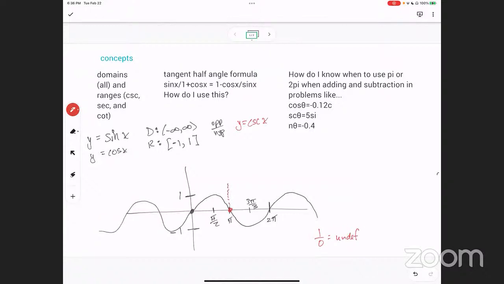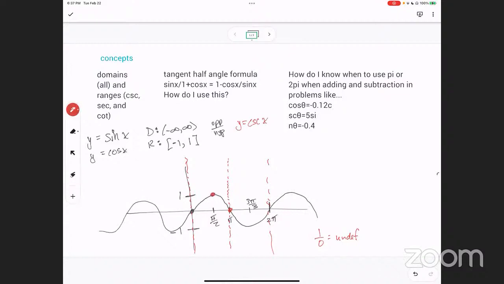Well, wherever the sine equals 0 is going to be an asymptote for the cosecant graph. Does that make sense? And furthermore, what's the reciprocal of 1? 1. So that's going to be that point.